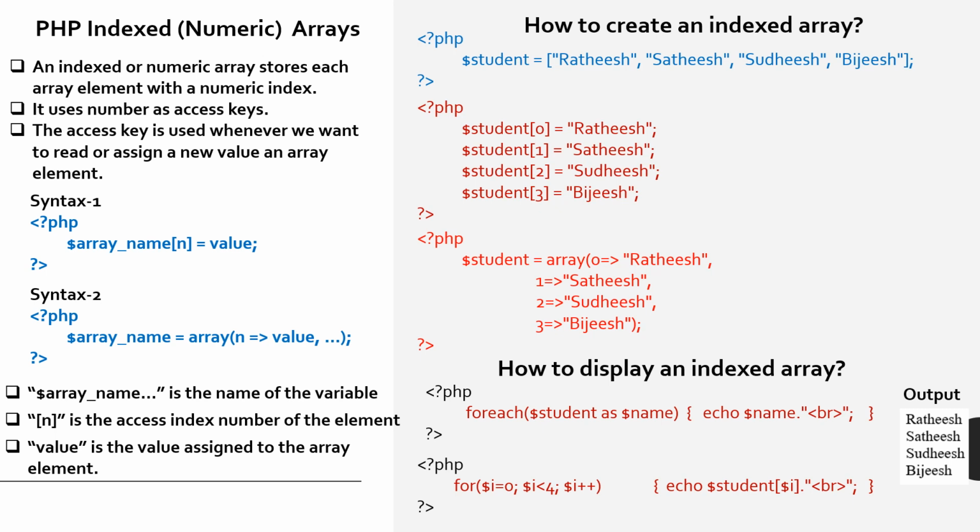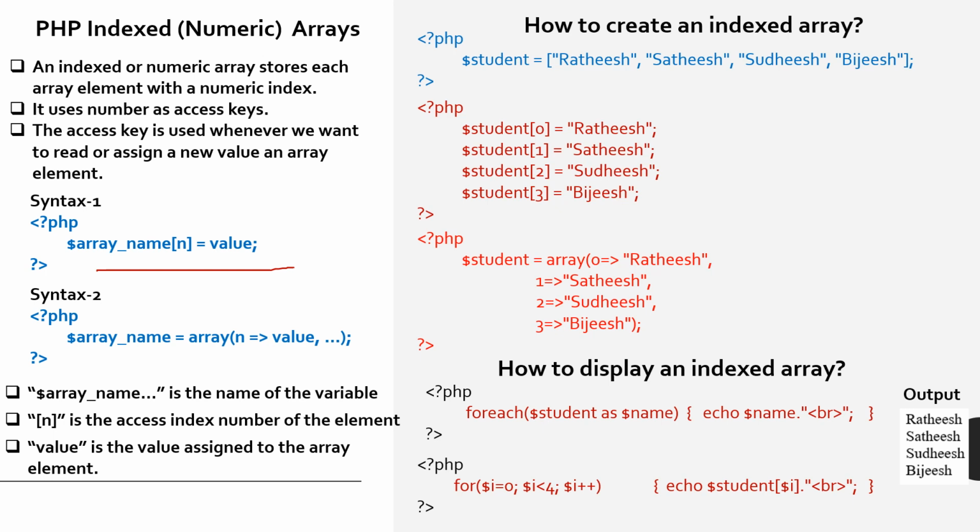Now we are going to discuss the indexed array, which is also called a numeric array. In the case of an indexed array, a numeric index is used for accessing the array elements. The syntax is: array name of index n is equal to value.